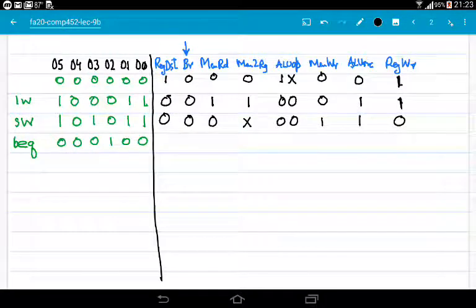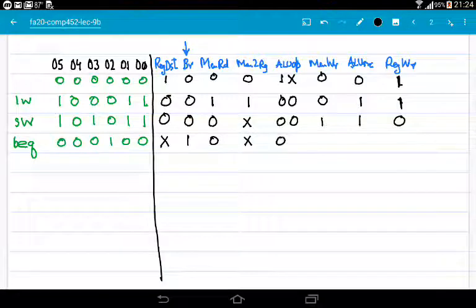It's do not care for store word too, so we don't care what this is. It's a branch instruction, so BR signal is 1. Are we reading any memory? No, we are not reading any memory. Mem to reg, this is again do not care.